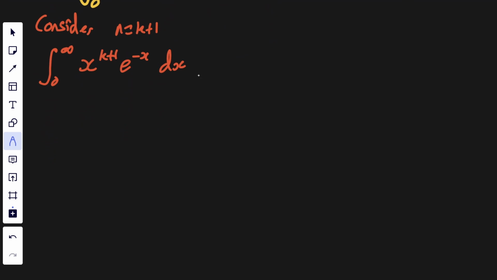So what I'm going to do is select a u and a dv. My goal is I want to keep this the same, but I want this to be x^k. So to do that, I need to differentiate this. But if I integrate this, does it stay the same? Well, it does. Kind of. It becomes minus e^(-x).